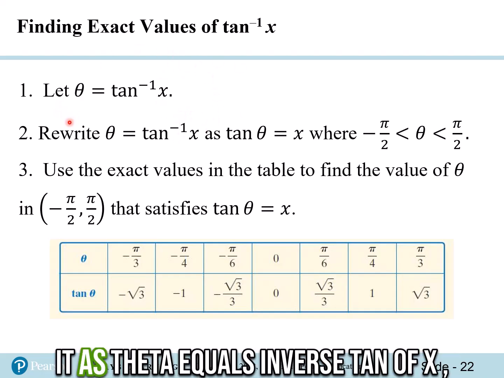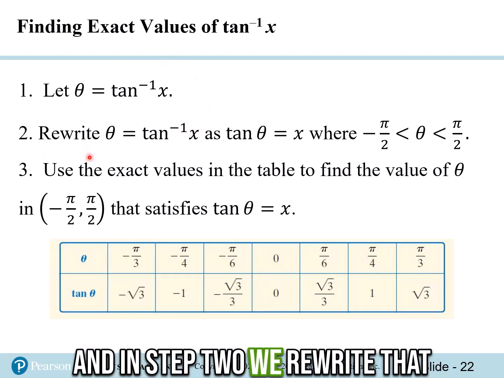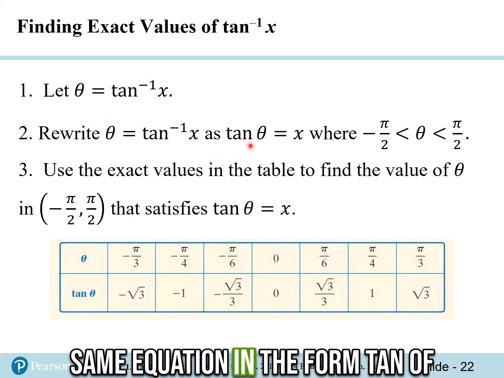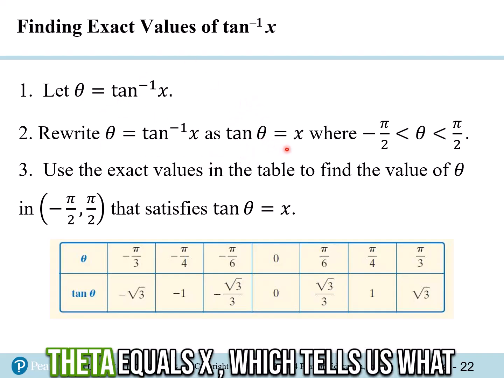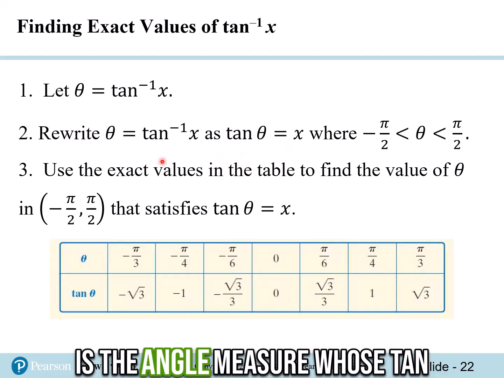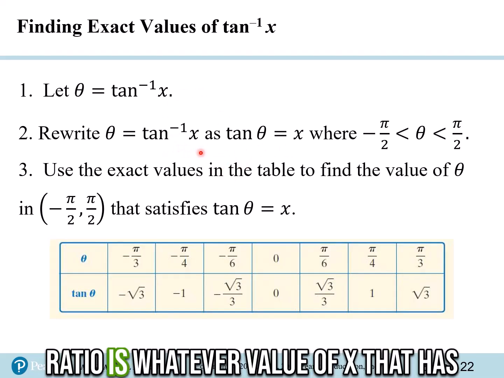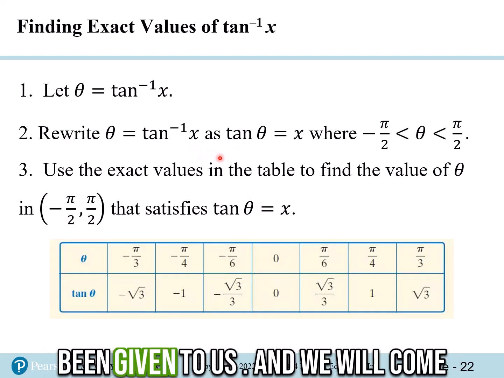So we write it as theta equals inverse tan of x, and in step 2 we rewrite that same equation in the form tan of theta equals x, which tells us what is the angle measure whose tan ratio is whatever value of x has been given to us.